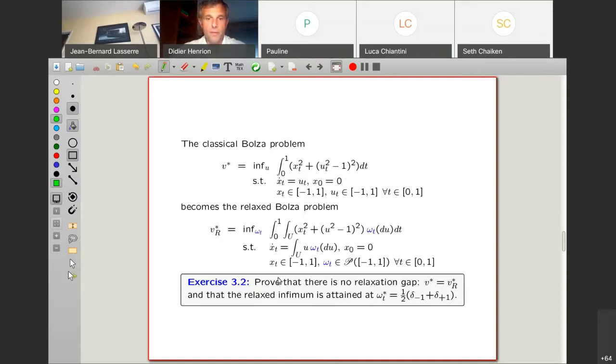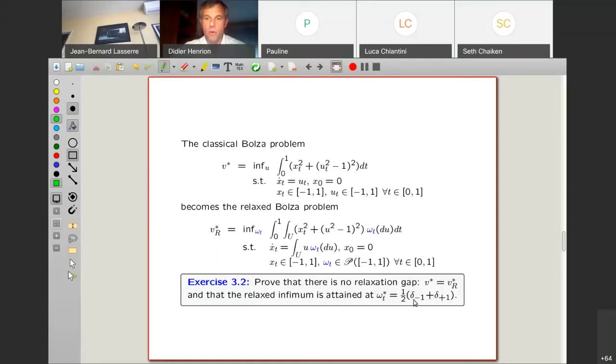We can prove, and that's the second exercise of today, that actually there is no gap between these two problems, between the original Boltzmann problem and the relaxed one. So we saw already that the original value is v star equals 0. And so the exercise is about showing that the relaxed value is also equal to 0, and that the optimal solution here, omega, denoted omega star, is actually equal to 1/2 the Dirac at -1 plus 1/2 the Dirac at +1.